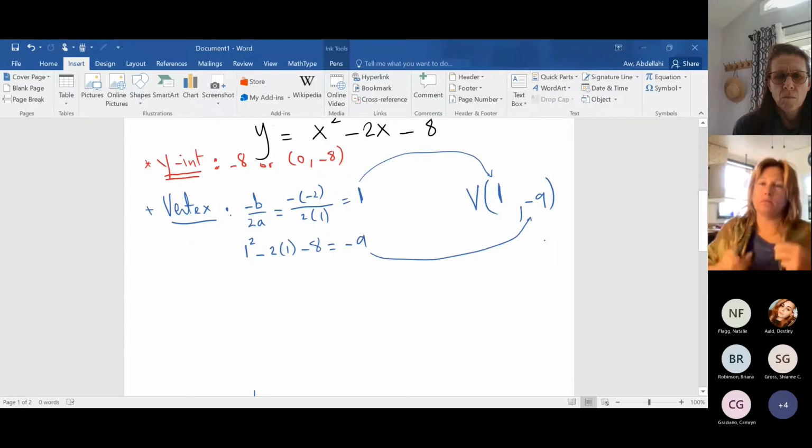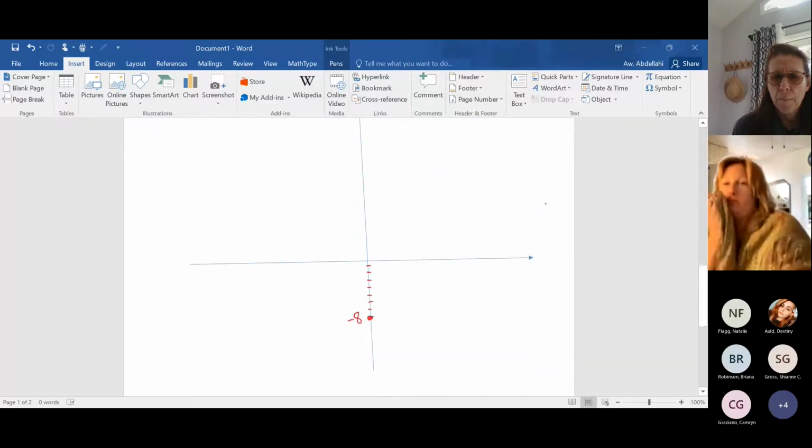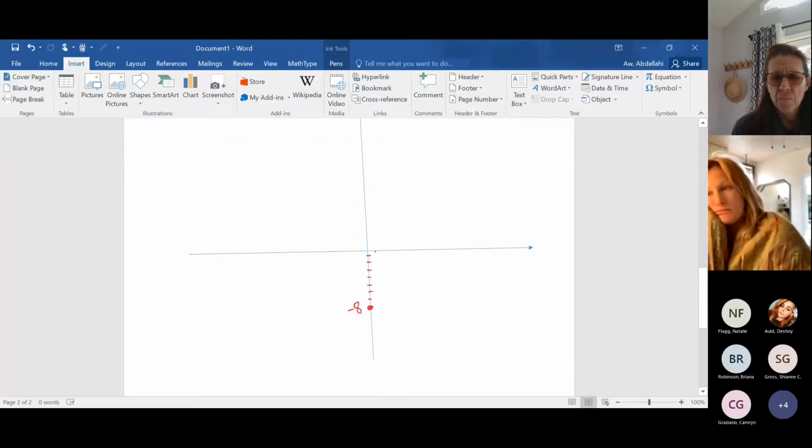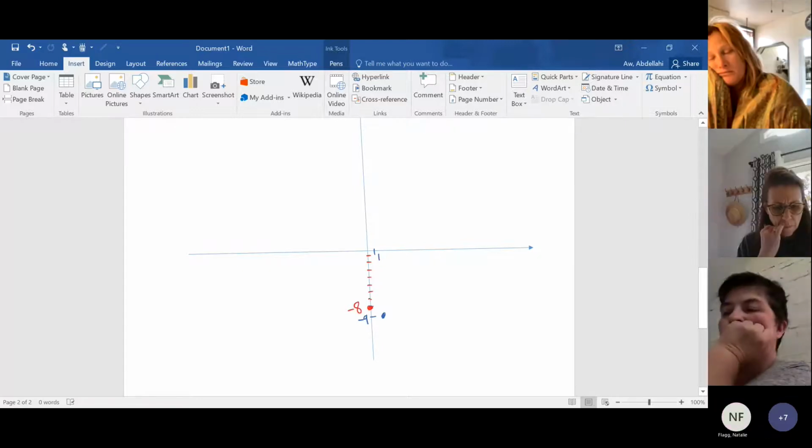So my vertex is the point 1, -9. I have 1 here, and -9, which is here. That is my vertex.